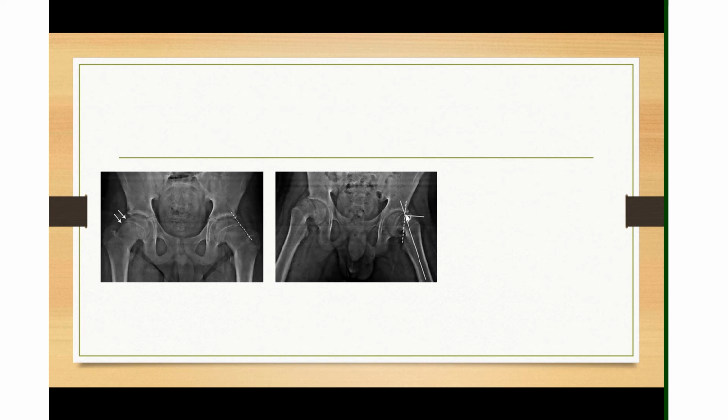Now the third line is along the long axis of the femur. You can see we draw a line along the long axis of the femur like this. The angle between the perpendicular to the epiphyseal line and the long axis of the femur is the epiphyseal shaft angle. We measure the angle and we compare with that of the opposite side. This gives a measure of how much angular displacement is there.